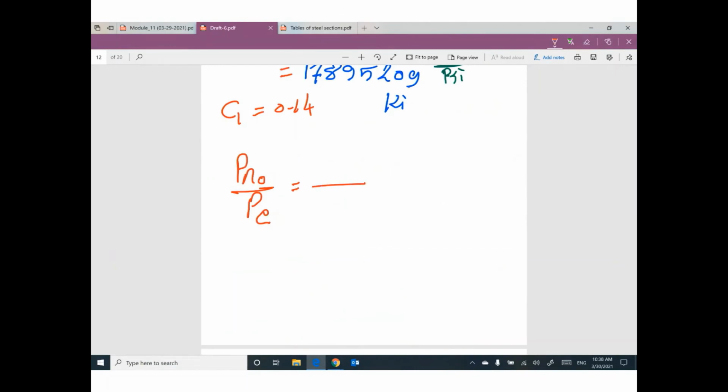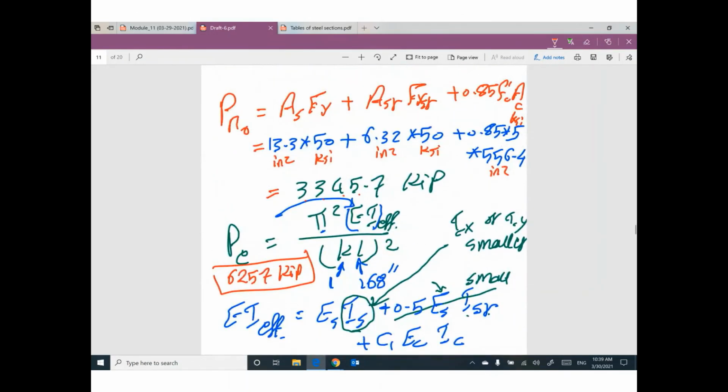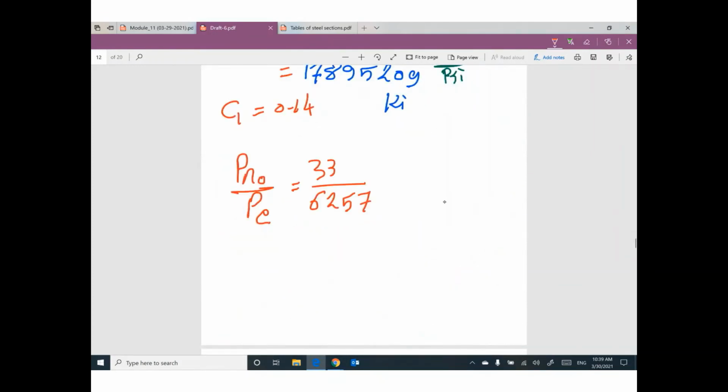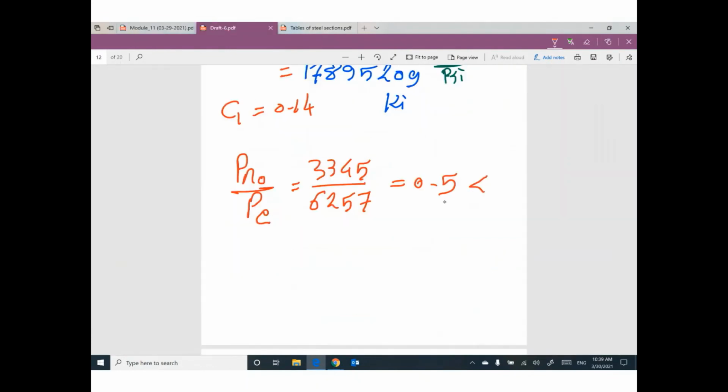Let's see. So Pn naught, Pe is 6,257, Pn naught was 3,345. So your value will be 0.5. I think 0.5 is smaller than 2.25.